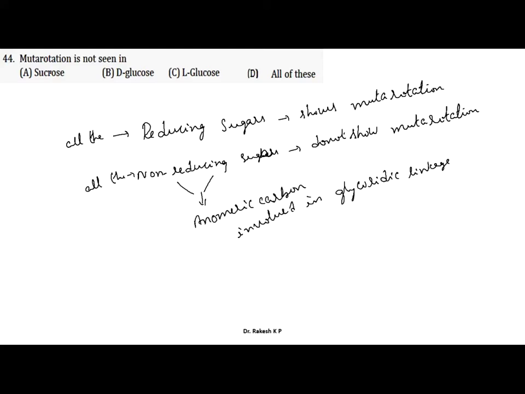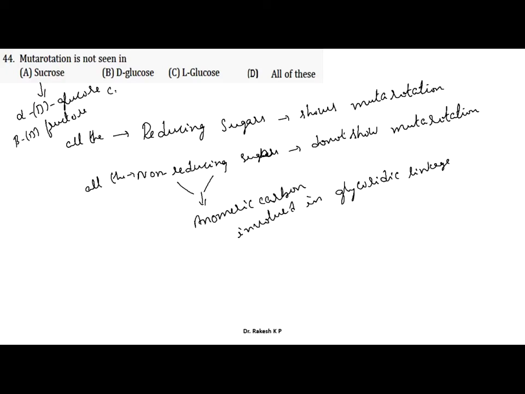Here you just identify sucrose. It is a disaccharide formed by alpha-D-glucose and beta-D-fructose.